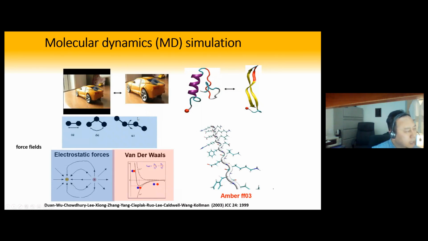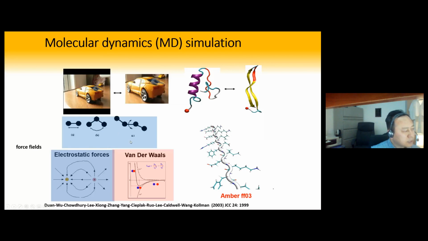And then for that motion, we know from high school physics, underlying is the interaction, is a force. So if we're able to model the force, then we're able to model the motion. In the biomolecular world, we need molecular level of force, such as covalent bond, bond angle, dihedral angle, you learn in organic chemistry.